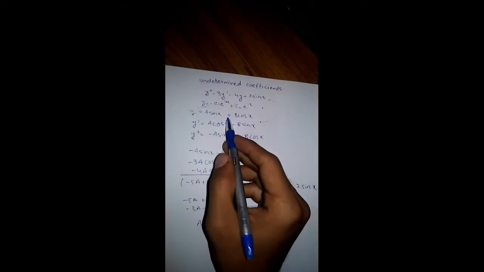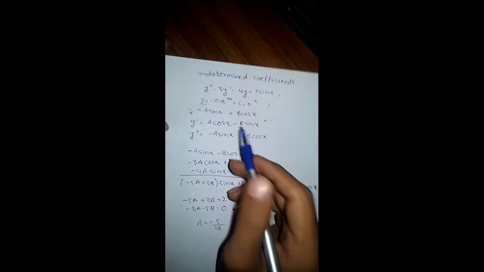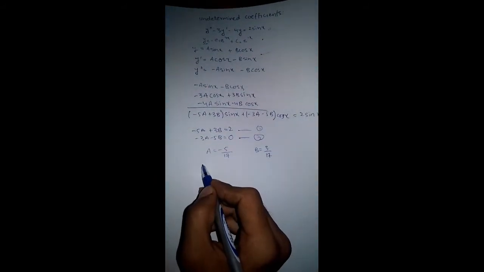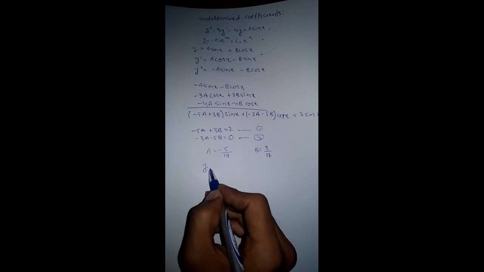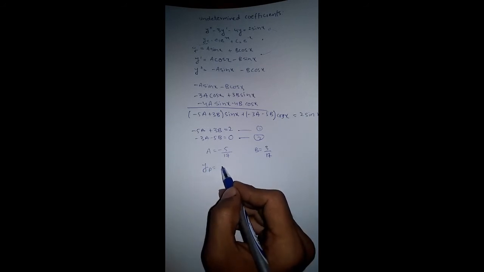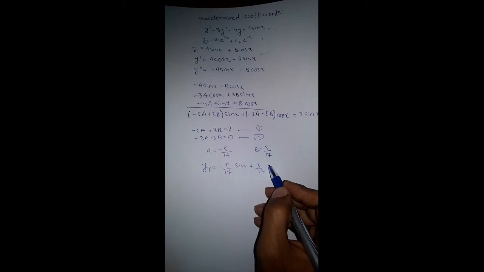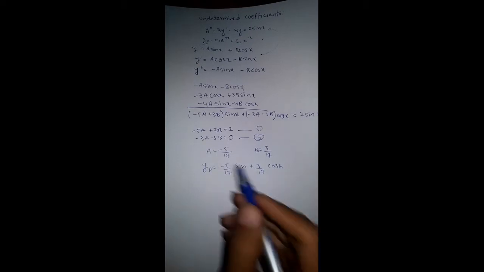So what was our original function? This was our original function, right? So we are going to put these values back into that equation. It will become minus 5 upon 17 sin x plus 3 upon 17 cos x. Okay, so our yp comes out to be this.